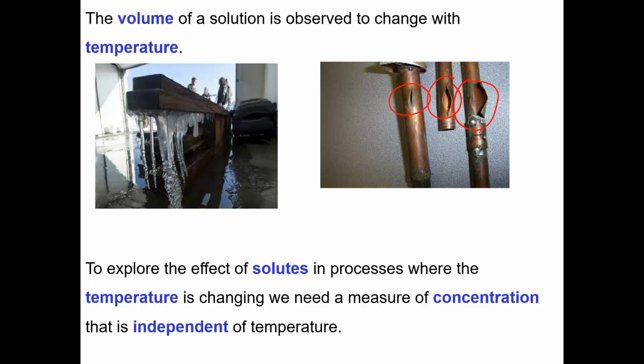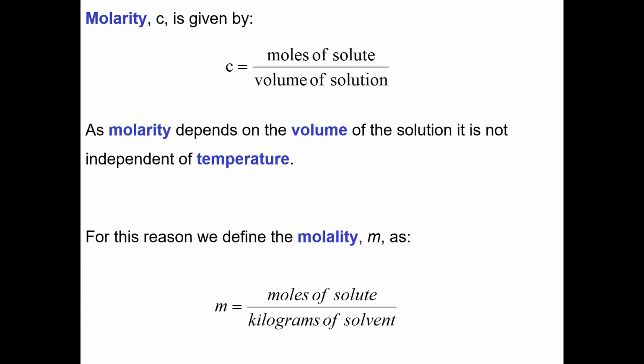So when we're looking at properties of solutions where the temperature is changing, we have a problem because we're going to need a measure of concentration that is independent of temperature and in particular doesn't depend on volume. So molarity is not going to work for us because molarity is the moles of solute over the volume of the solution. And as volume depends on temperature, then so will molarity.